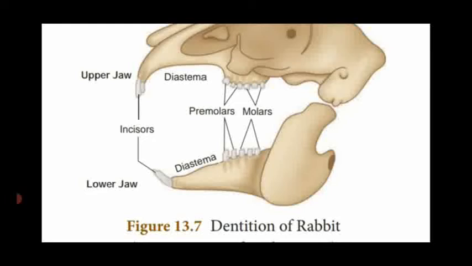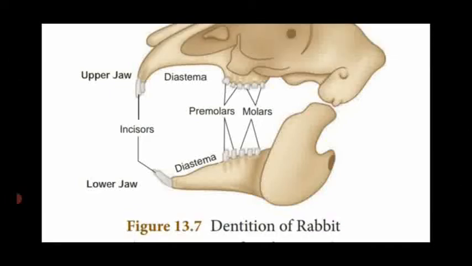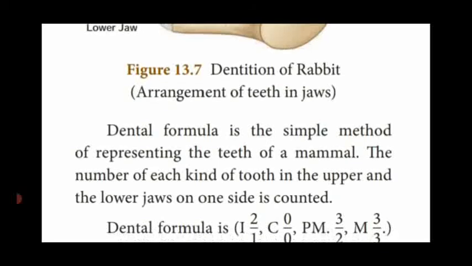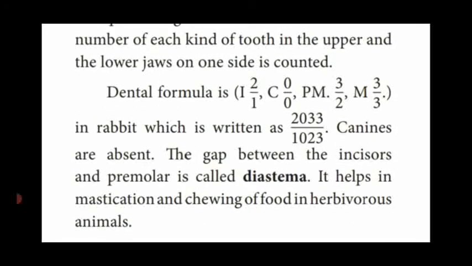So in the previous lines I told you premolar 3, but upper jaw only 3, lower jaw premolar is 2. So incisor 2/1, diastema that is canine is absent 0/0, premolars 3 by 2, molars 3 by 3. So this is the way to write the dental formula of a rabbit.